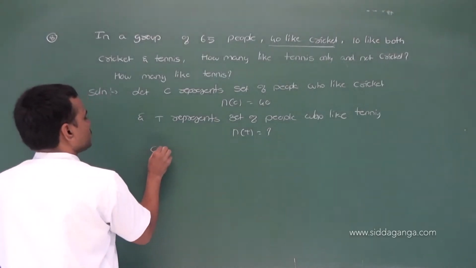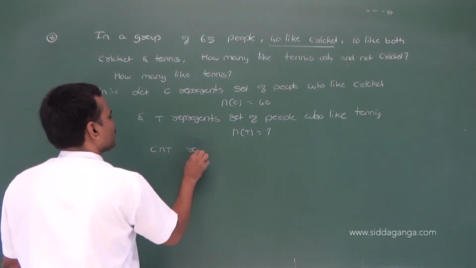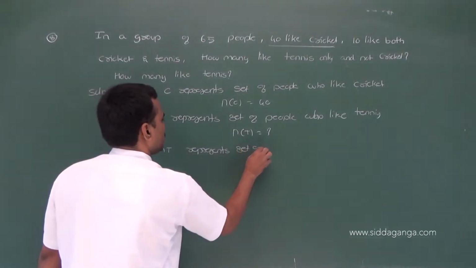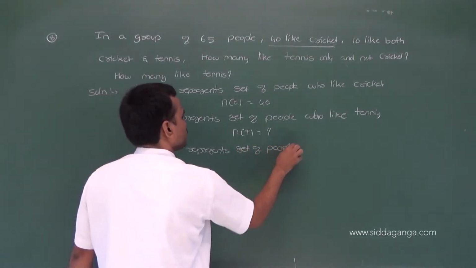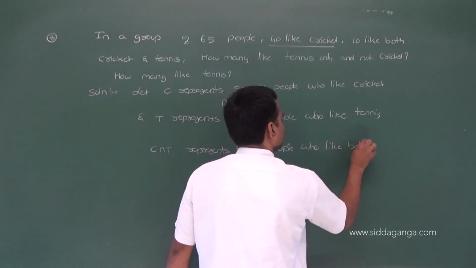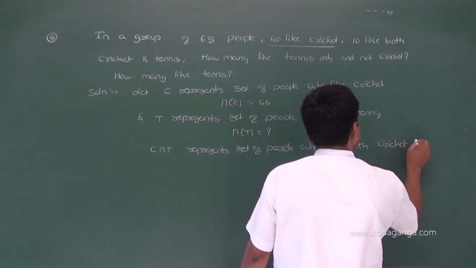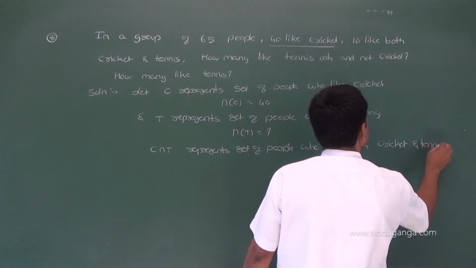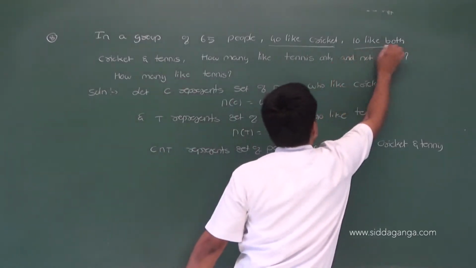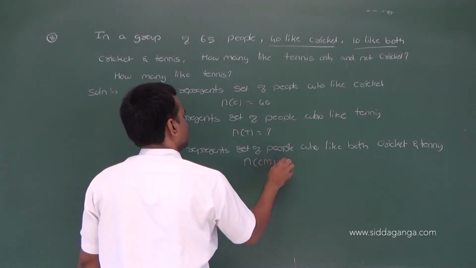So C intersection T represents the set of people who like both cricket and tennis. That also given, 10 like both cricket and tennis. N of C intersection T, it is 10.